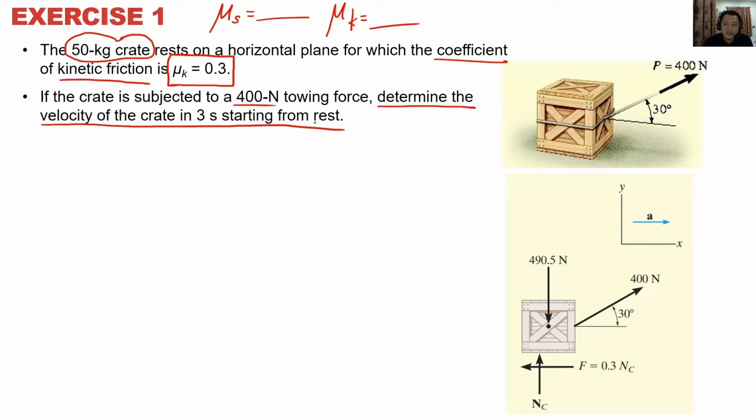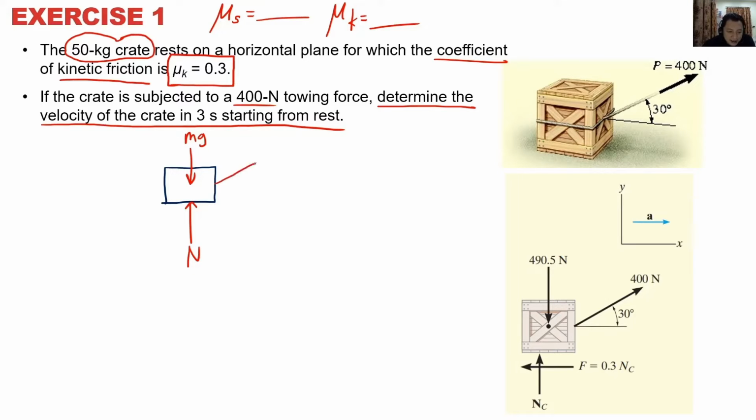So how do we do that? Number one, definitely you need to draw a proper free body diagram. This is our box. It weighs 50 kilograms and it's on the floor. It has a normal reaction force.